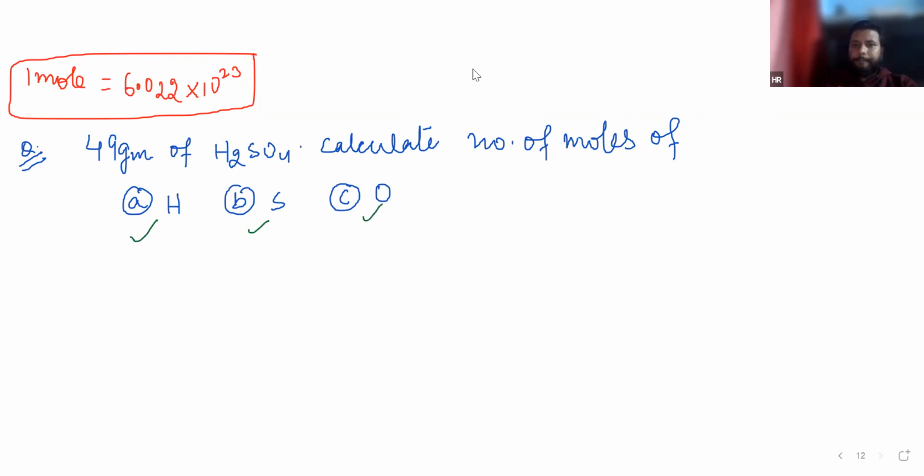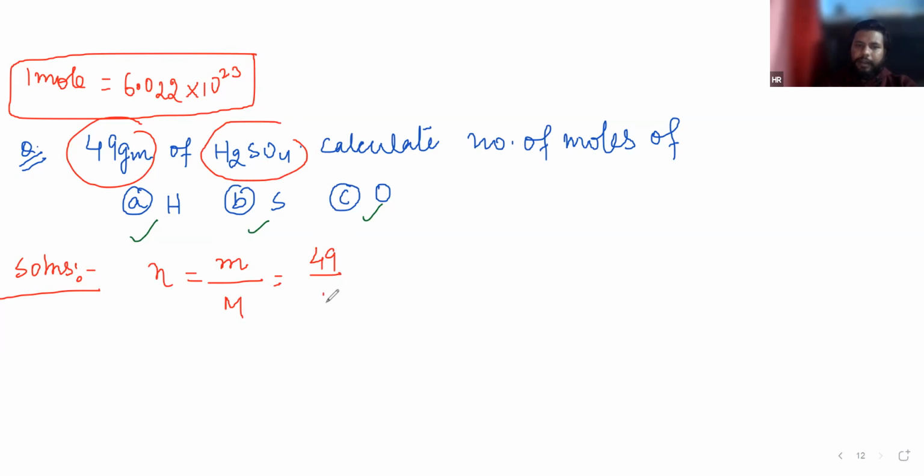First, what we do is just see here, what is given: 49 gram. That means for the number of moles we need to have a formula. We need to apply given mass upon molar mass. Given mass is 49 and molar mass is 98, and you will get half moles.